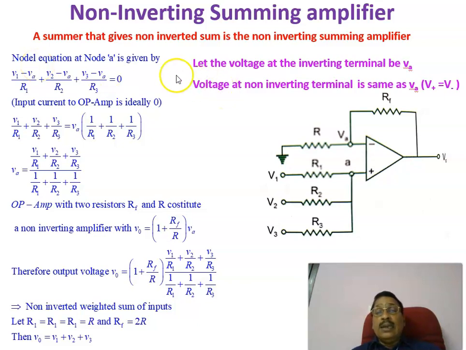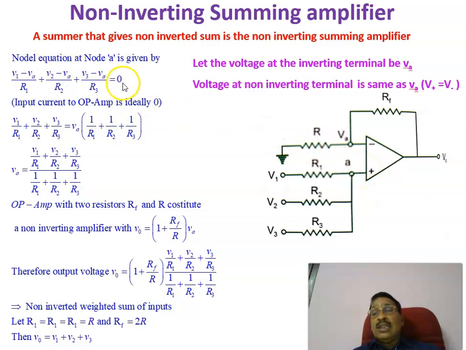To do this, we apply the nodal equation at node A. The nodal equation is: V1 minus VA divided by R1 plus V2 minus VA divided by R2 plus V3 minus VA divided by R3 equals the input current to the op amp. But since the input current equals 0, the summation of these currents can be equated to 0.